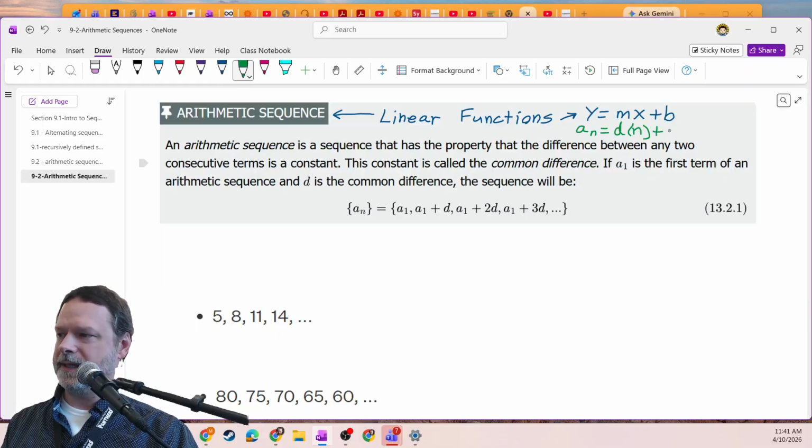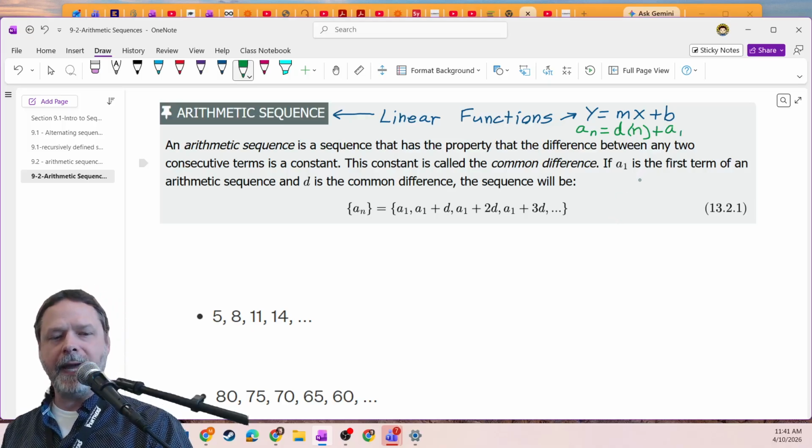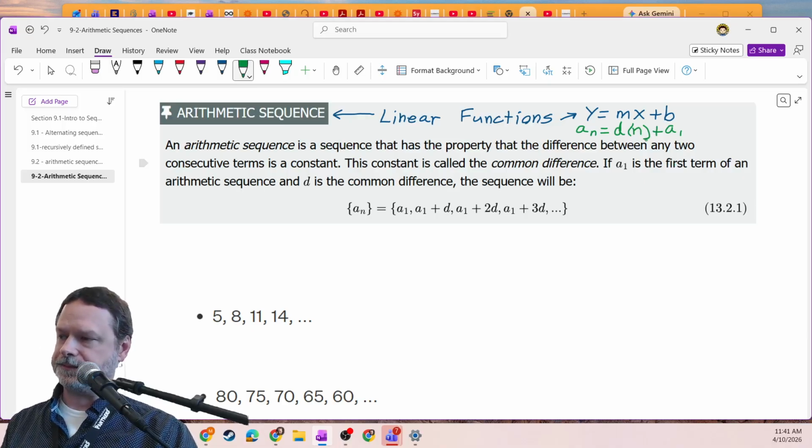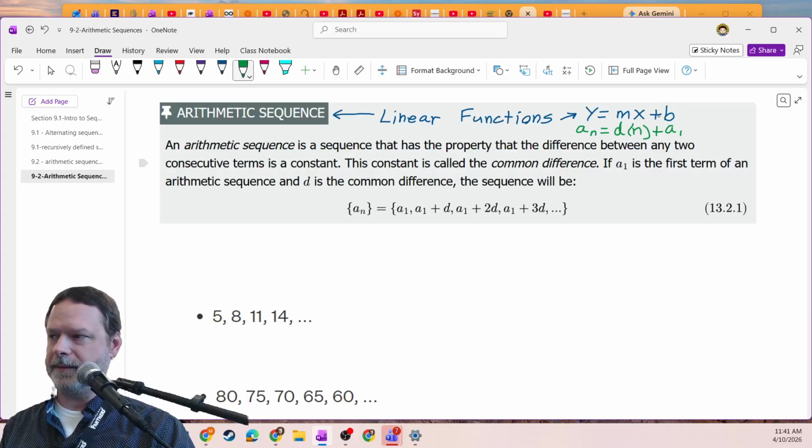And then plus b, maybe that's like my first term. So it might be something like n times d plus our starting term. We're going to fiddle around with this. Let's look at the definition of arithmetic sequence and see if it's similar. If it is, then these are very similar things, and we can use that to get explicit formulas for these very easily.